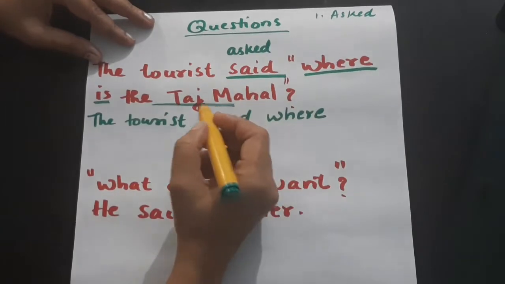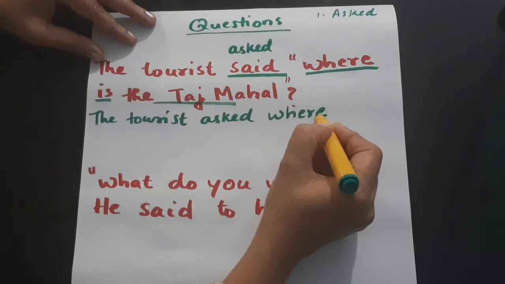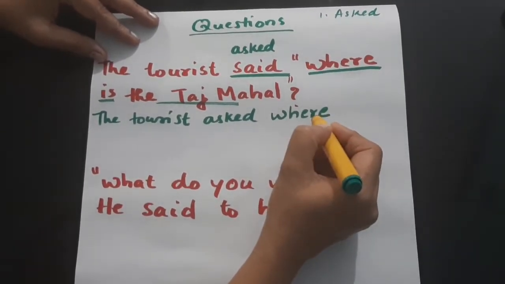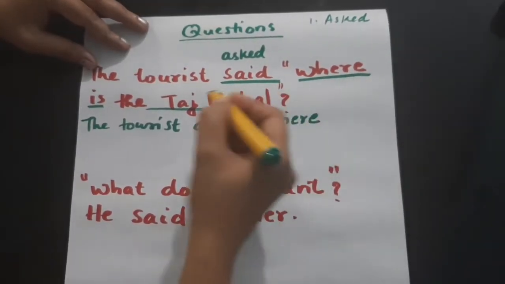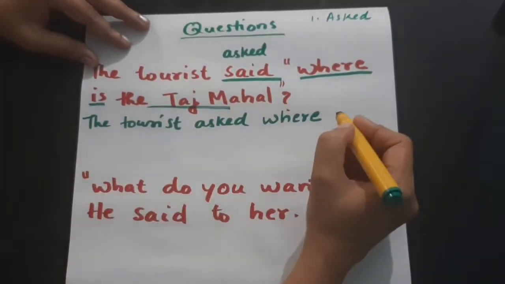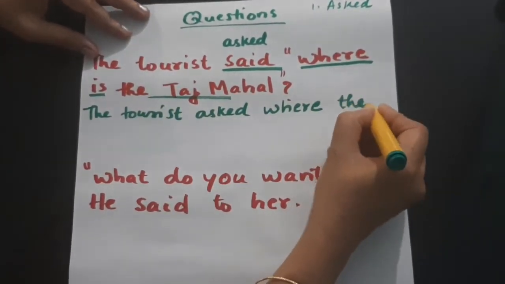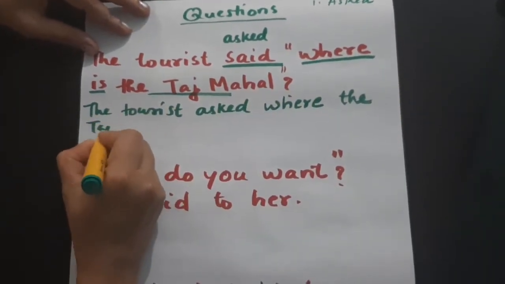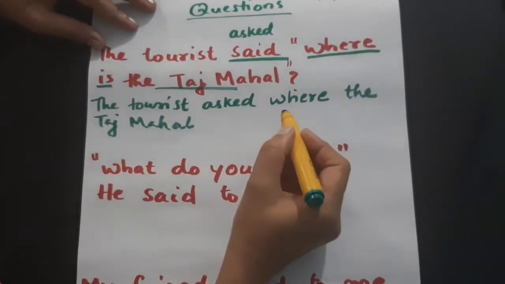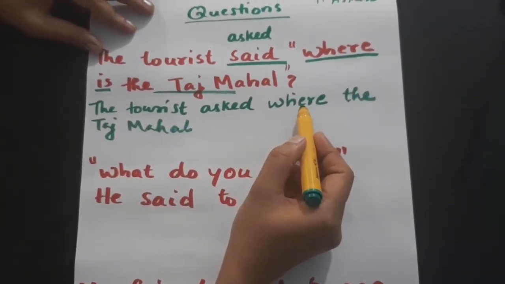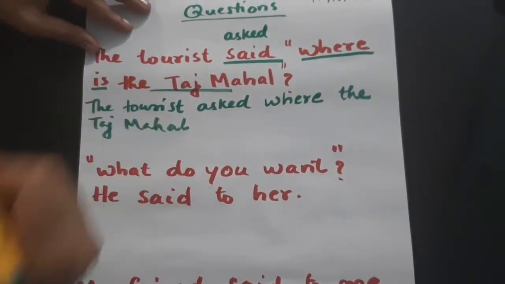Okay, so where is? You should not use the auxiliary verb next to the question word, but instead you have to use the subject. So the subject here is the Taj Mahal. Question word is here, after which you need to use the subject instead of the auxiliary.